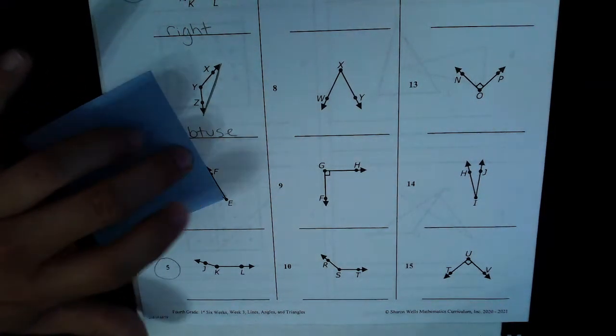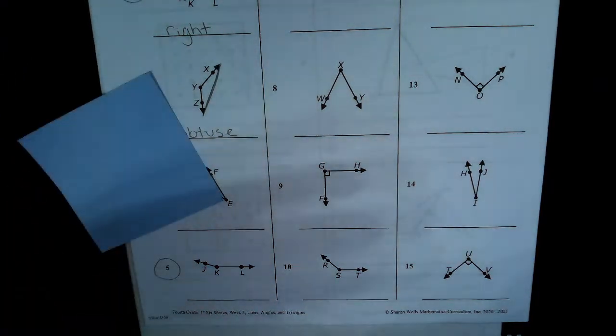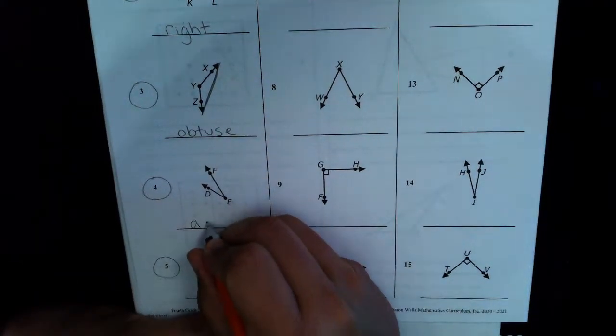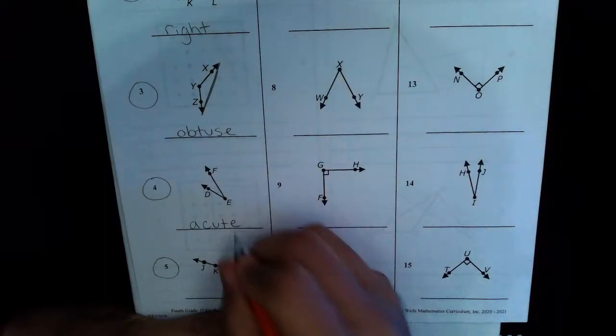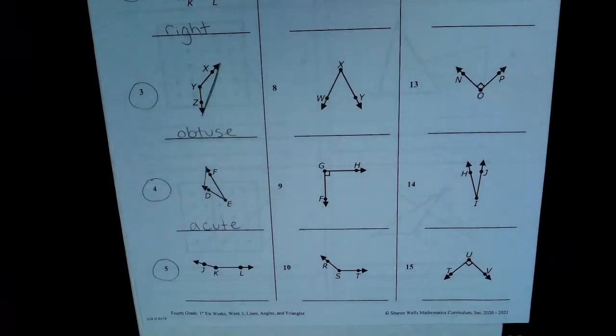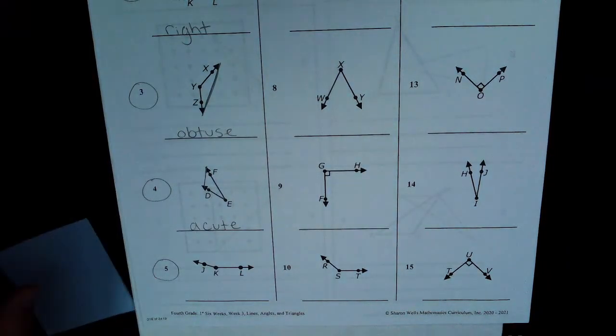Jada, what kind of angle do I have for number 4? It's an acute angle. I'm going to draw my line, and now I have an acute triangle.